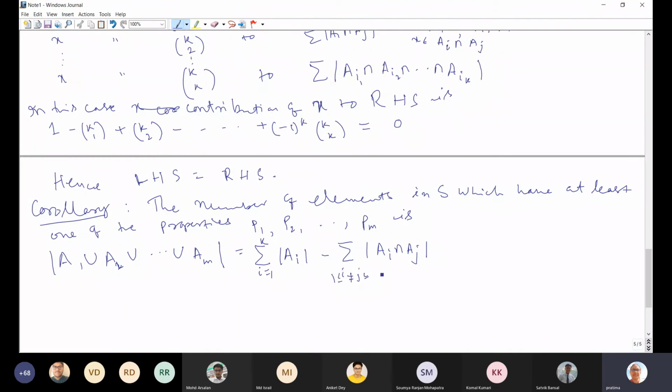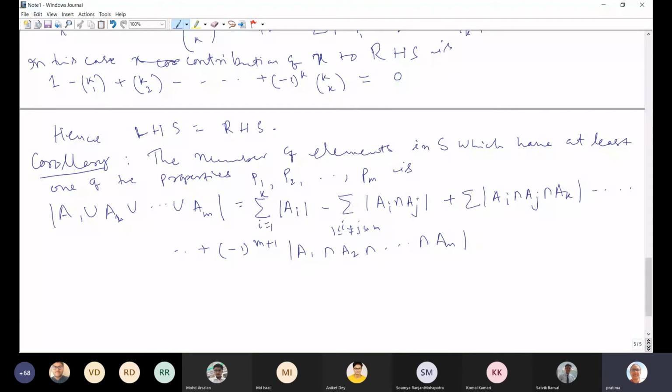Next you include the cardinality of Ai intersection Aj intersection Ak, and it goes like this, with (-1) to the power m plus 1, and the cardinality of A1 intersection A2 intersection up to Am. So this is what we get for the cardinality.